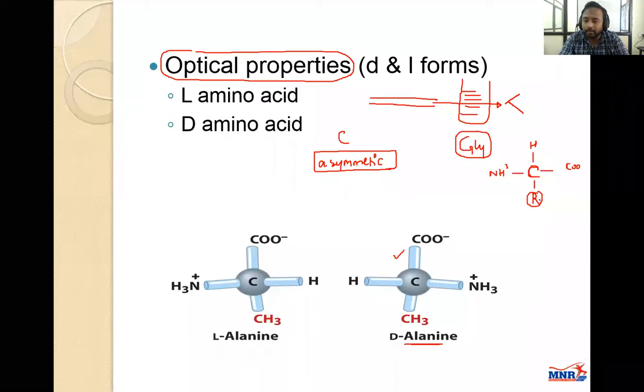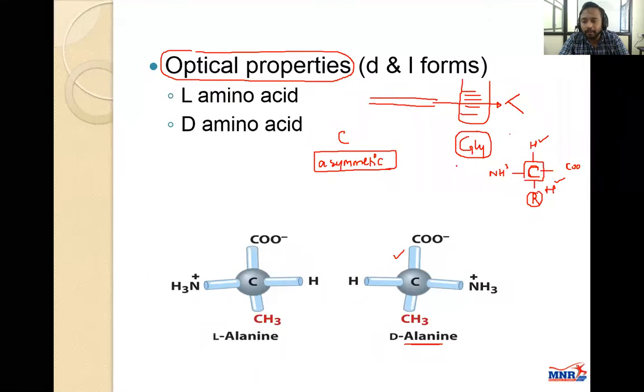But when it comes to glycine, the R is replaced by hydrogen, right? So there is symmetry here. Means in glycine there is no asymmetric carbon atom at all, or the chiral center. Okay, or the chiral atom. So what is happening here?